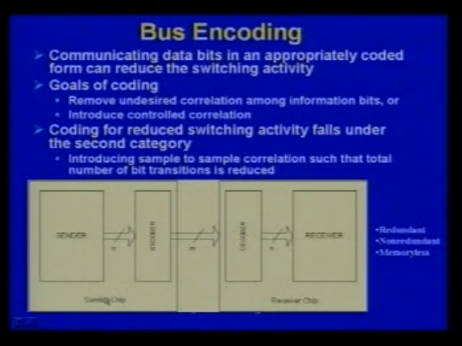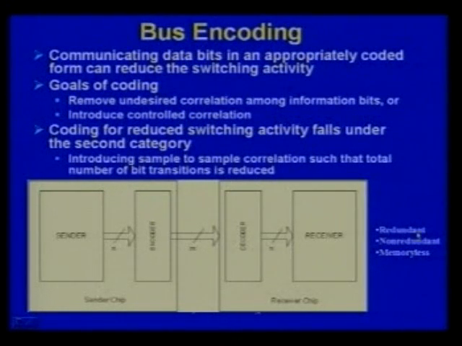Normally the sender directly sends to the receiver through the communication bus. What we are doing is introducing an encoder and a decoder in between, and different types of coding are possible.